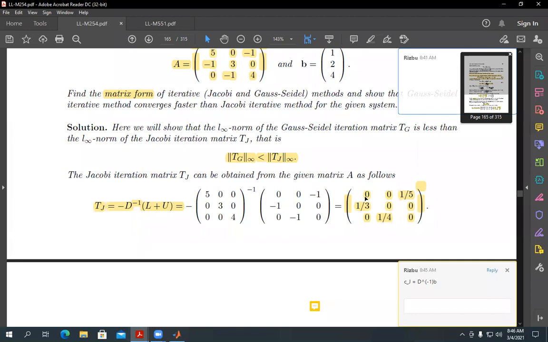The L infinity norm. Do you remember the L infinity norm of a matrix? If you remember, last time I discussed it: the sum of the elements of each row in the absolute sense, and then the maximum over the rows.